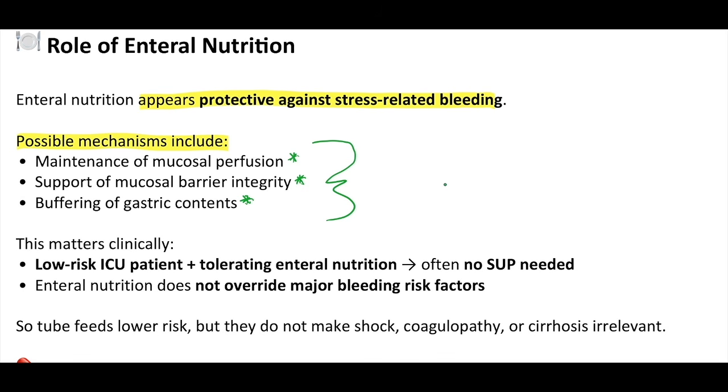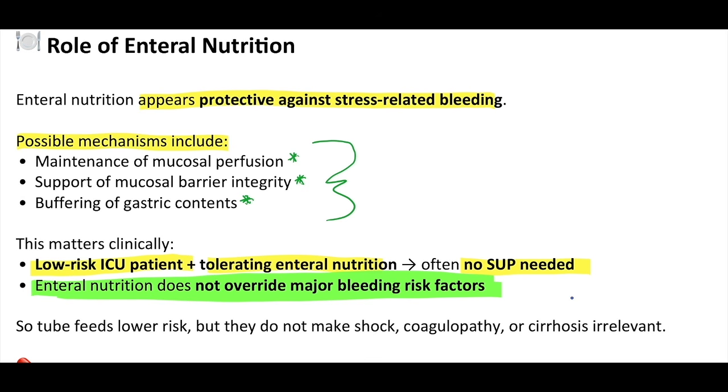But what to do with this is still tough, right? So you could consider that a low-risk ICU patient who's tolerating enteral nutrition may not need stress ulcer prophylaxis. But enteral nutrition alone does not override major bleeding risk factors. If someone's in profound shock, well, that's tough, because are you feeding that patient? That could be a whole other episode. Let us know if you want us to make an episode on enteral nutrition in the critically ill and when to start it and all that good stuff.